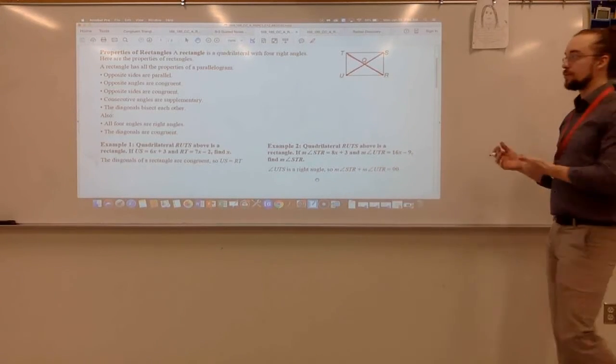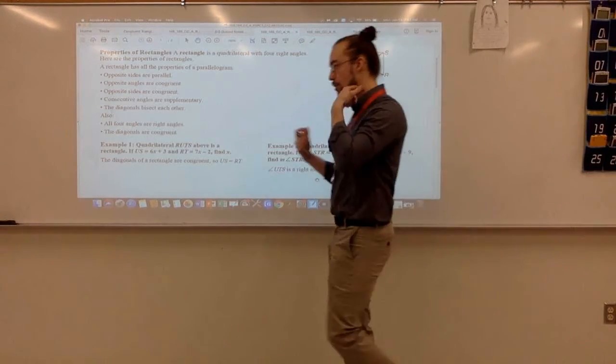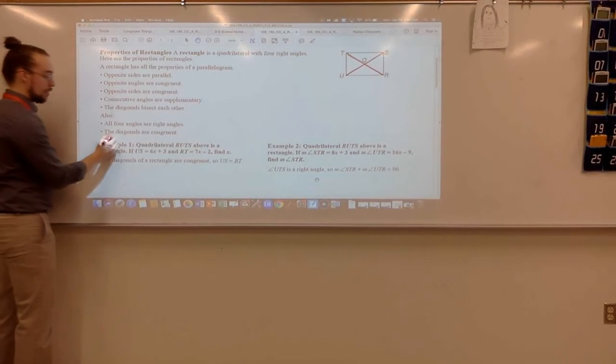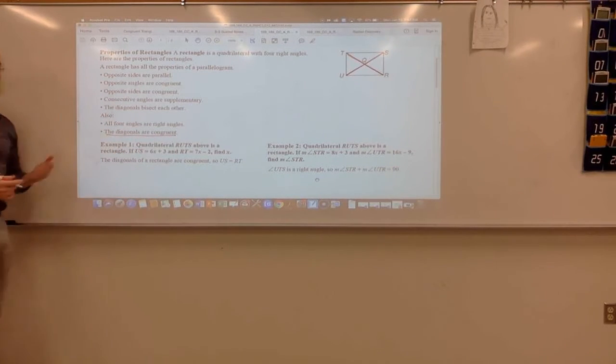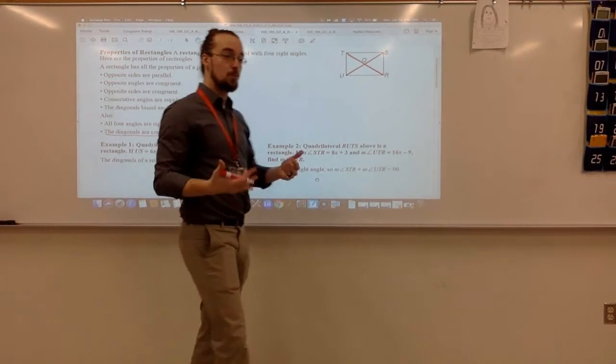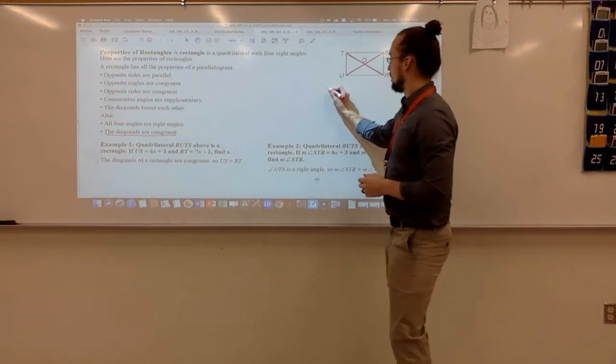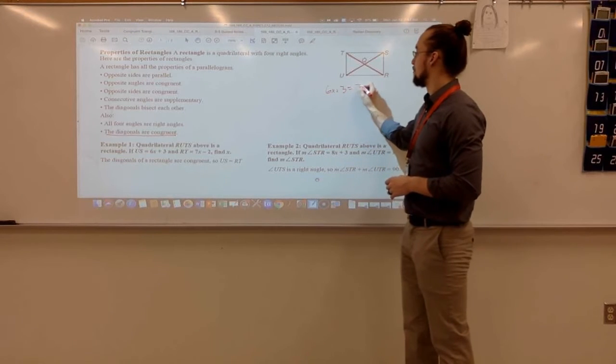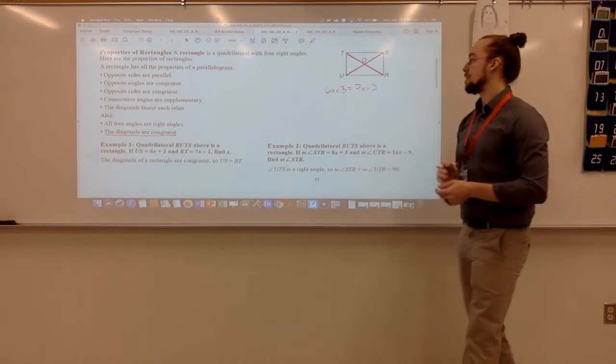If we're given expressions for the diagonals in a rectangle, we know that the diagonals are congruent. This is the property that we're going to use here. So I'm just going to set the 2 diagonals equal to each other. For example 1, we'll say 6x plus 3 equals 7x minus 2.